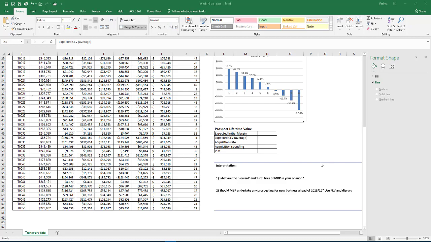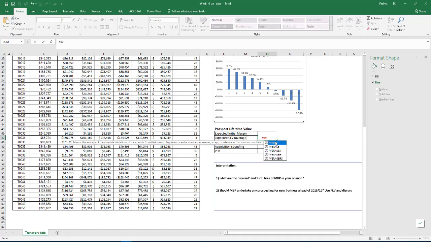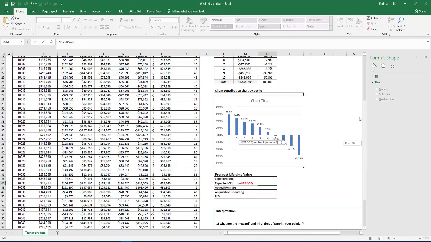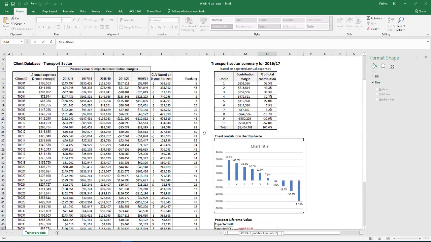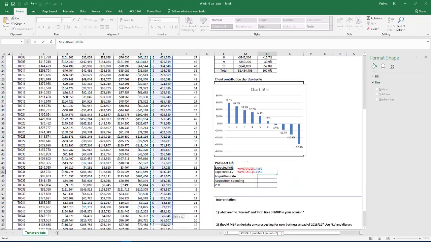There is no expected initial margin, so you can just put 0 here. Let me change this to black. And then the expected CLV, because there was a hint that you can use the average CLV, let's get the average, just equals average of all the CLVs.